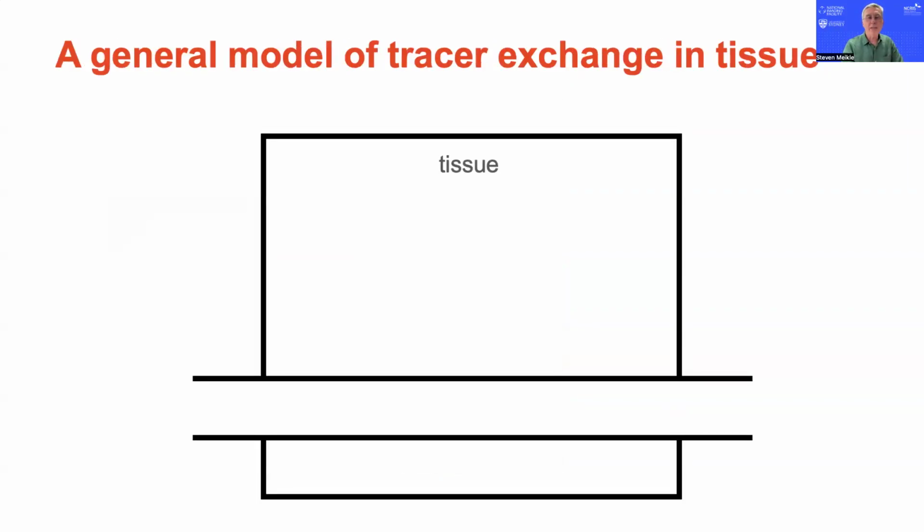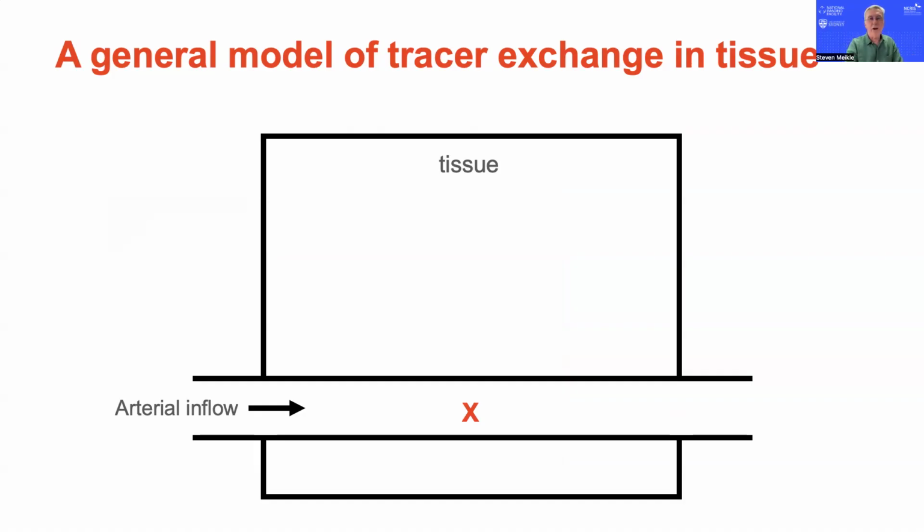Now, what we would like to do is model that changing distribution of tracer in the body. So I'll start off with just a really general model that can describe virtually any tracer that's injected into the body. So let's say we have a tracer, which I'm indicating by the red X on this slide.